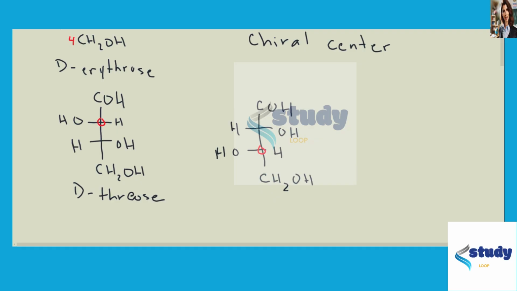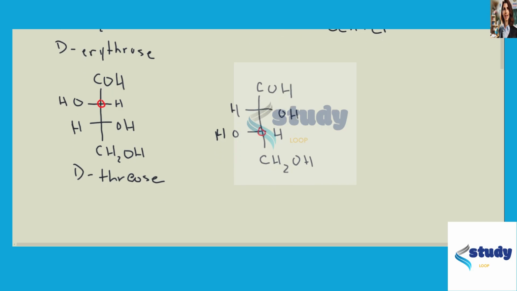See, I'm just circling the carbons that we were focusing on. And this is also an epimer of D-erythrose. It is a diastereomer of D-erythrose, not an enantiomer. However, this molecule that we just drew is an enantiomer of D-threose, which means we could call this L-threose.